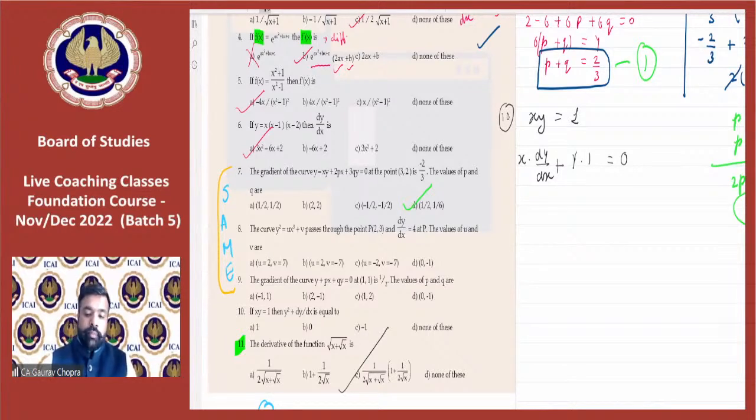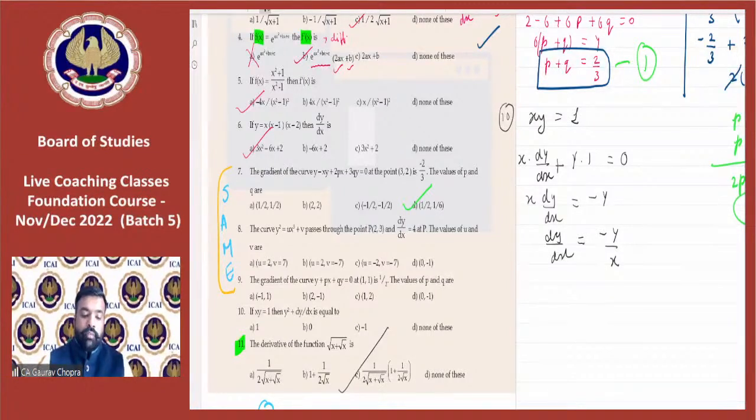So we are having x, then dy by dx is equal to minus y, or we can say dy by dx is equal to minus y by x. This is given.